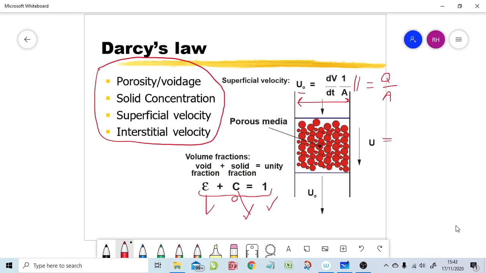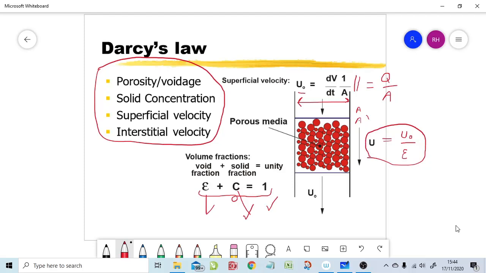As the area comes from the area before the particles into the area where the particles are present, A prime is going to be much smaller than A. That gives far less space for the liquid to flow, and according to continuity the velocity is then going to have to go up because we have the same volumetric flow rate going through the porous medium, and the only way it can do that is if the velocity, the interstitial velocity, goes up because the area over which it can flow comes down.